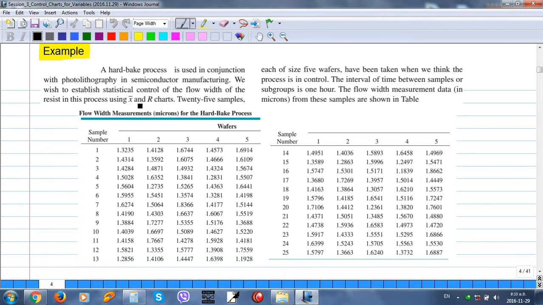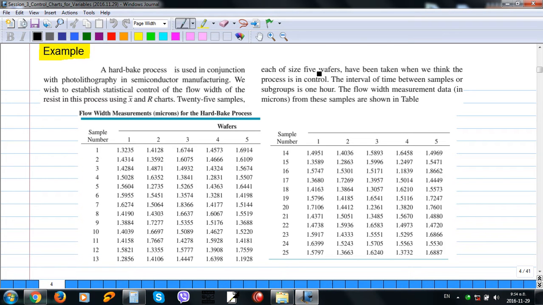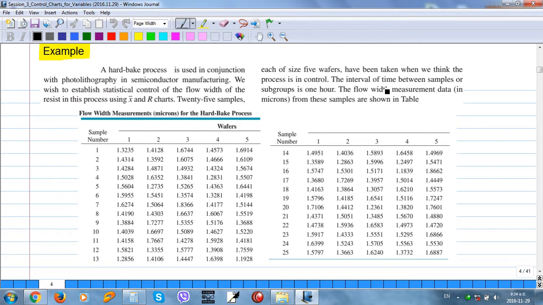We wish to establish statistical control of the flow width of the resist in this process using X bar and R charts. 25 samples, each of size 5 wafers, have been taken when we think the process is in control. The interval of time between the samples or subgroups is 1 hour. The flow width measurements in microns are in the table.